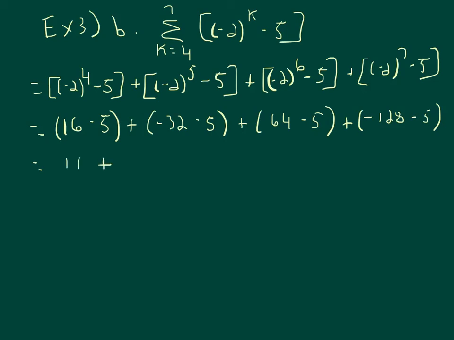Negative 32 minus 5 is negative 37. 64 minus 5 is 59. Plus negative 128 minus 5 is negative 133. And if we add those up, we get negative 100. There's example 3B.